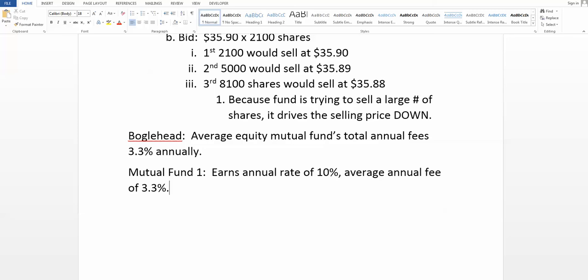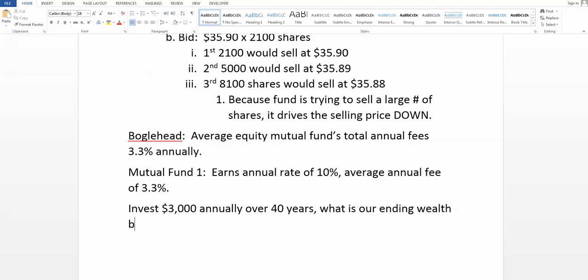I'd like to see what my ending value is after paying all these expenses. So we'll invest $3,000 annually over 40 years. What is our ending wealth before and after fees?